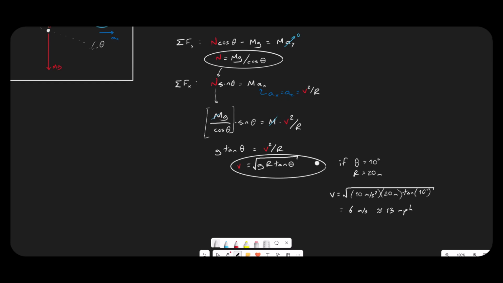This is a low speed turn, but to try and turn in a 20-meter radius, that's pretty tight, and to do that without friction at all, you're not going to be able to take that turn very fast. So that's a banked curve with no friction.